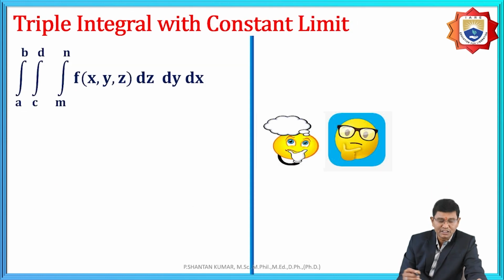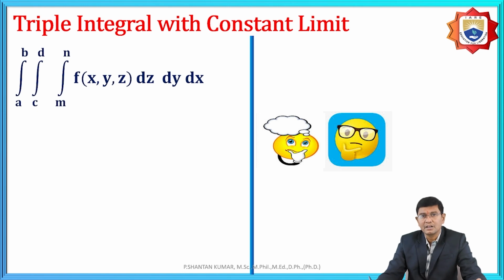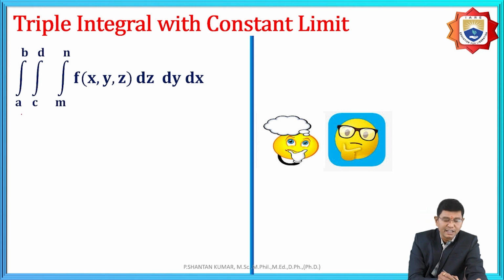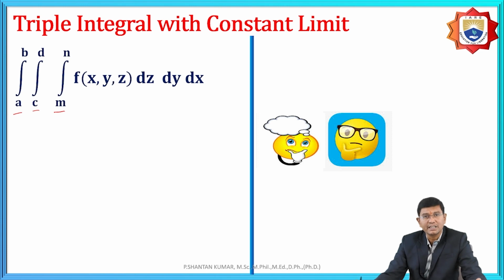Here, for example, the triple integral with constant limits: the integration from a to b, integration from c to d, and integration from m to n. These limits are constants because there is no variable.